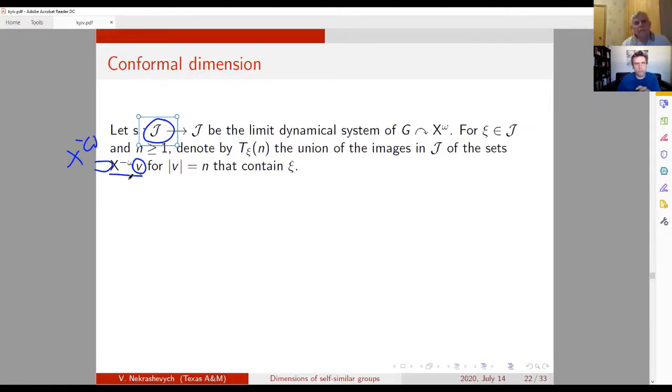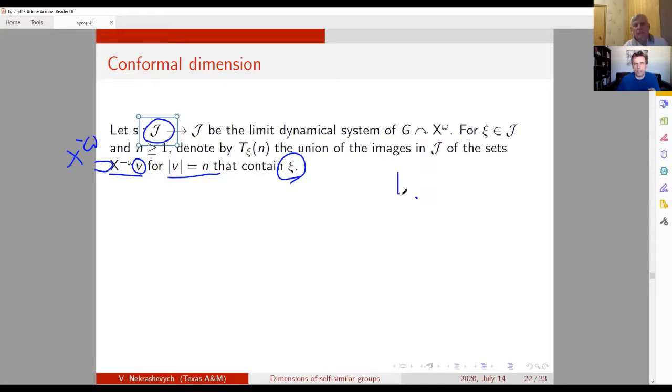These are tiles which tile our space X^{-ω}, and take the images in J, the limit space, because J is a quotient. For a given point ψ of the quotient, take all such tiles which contain ψ for a given length n of the suffix, and call it T_ψ(n).